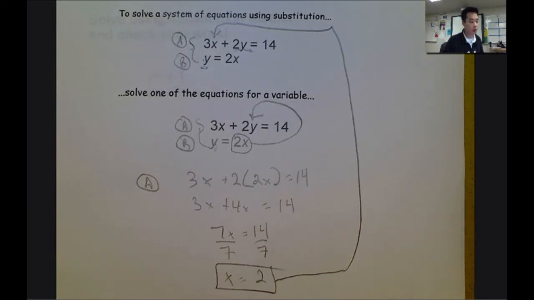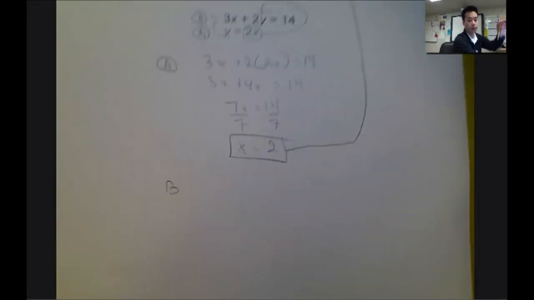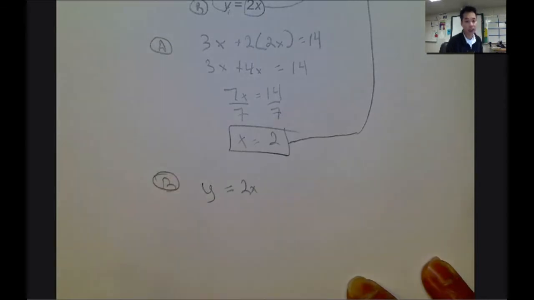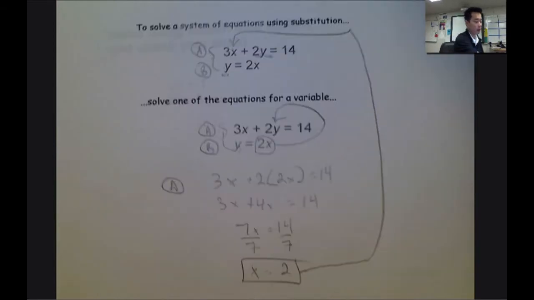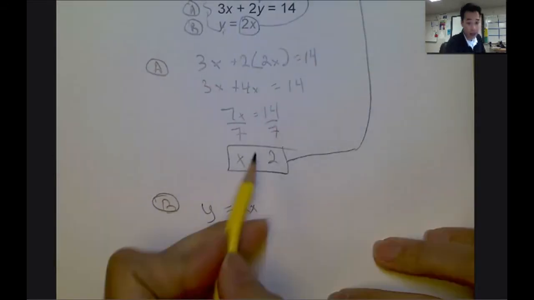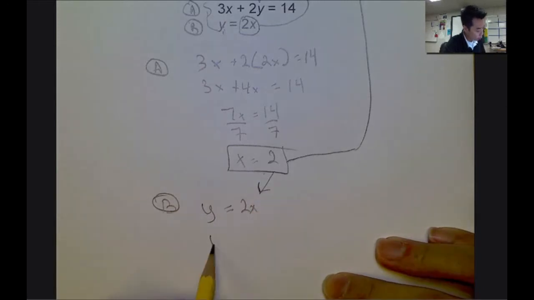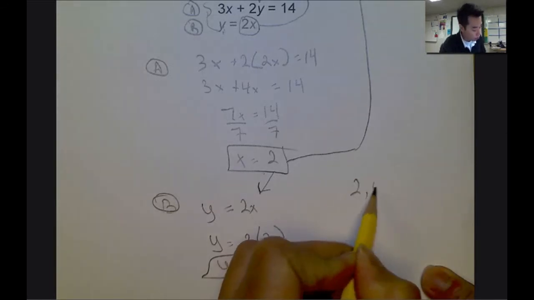So equation B says that y is equal to 2x. That's from my original statement that they gave me. I know that x is equal to 2, now I resubstitute it back in. Y is equal to 2 times 2. Y is equal to 4. And now I have my ordered pair, (2, 4).